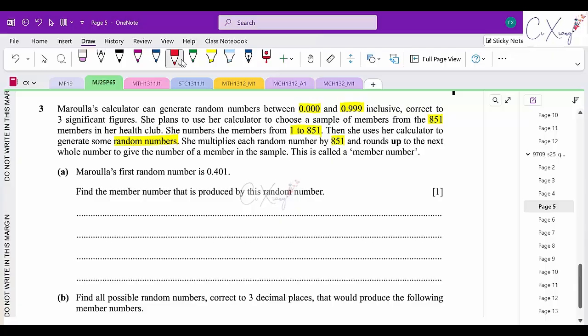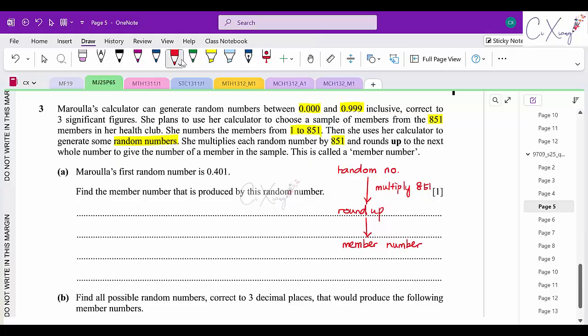What she does is create a random number first. After that, she multiplies the random number by 851. Then after that, round up. After she rounds up the number that she gets, then the member obtains the member number.